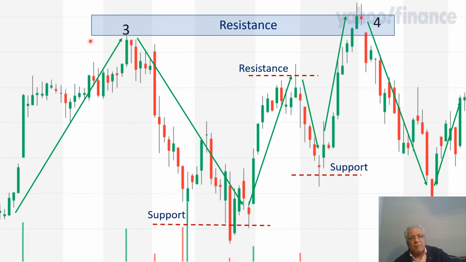Now, this is the same Air Canada stock, and that is touch number 3 and touch number 4. Again, I identify the support and resistance level.